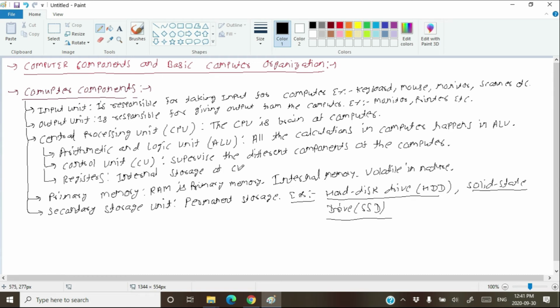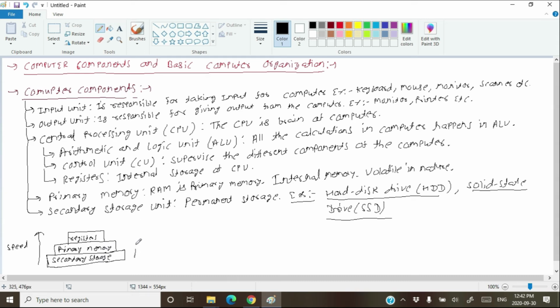If I compare the secondary storage with the primary memory and the registers, then the registers are fastest, primary memory is slower, and the secondary storage is slowest.